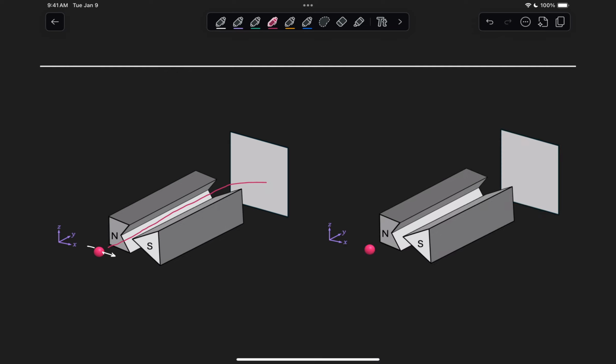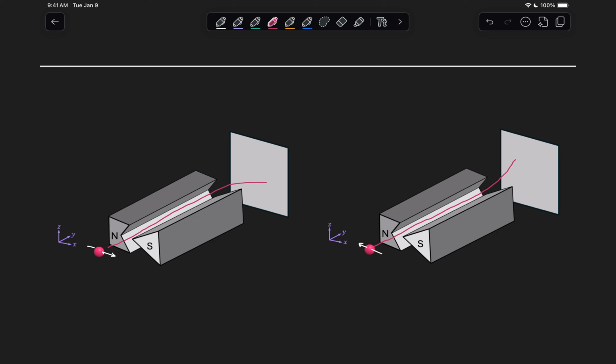Similarly, if we now have a spin pointing in the minus x direction, we see that electron always deflecting in the minus x direction, which tells us that if we want to assign a vector to represent electron spin, we can't just do it using the probability vectors that we discussed before.